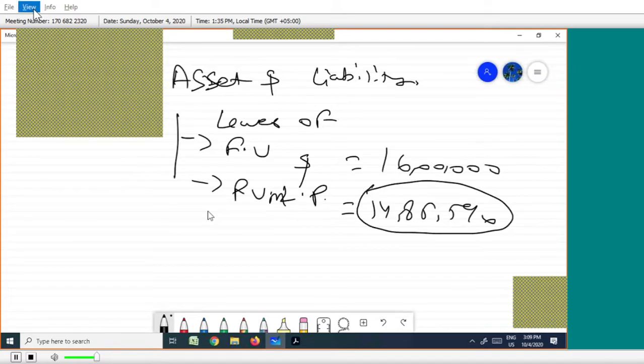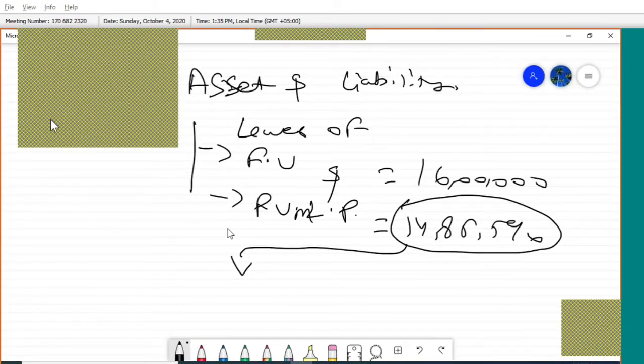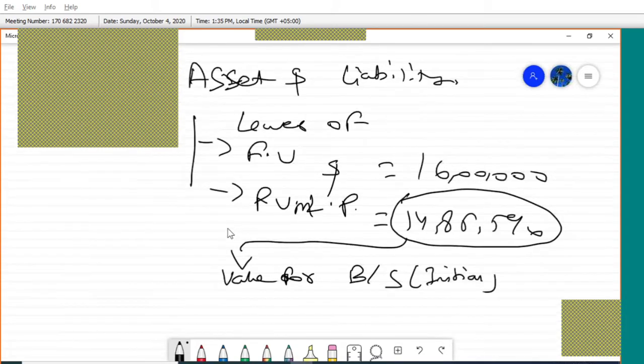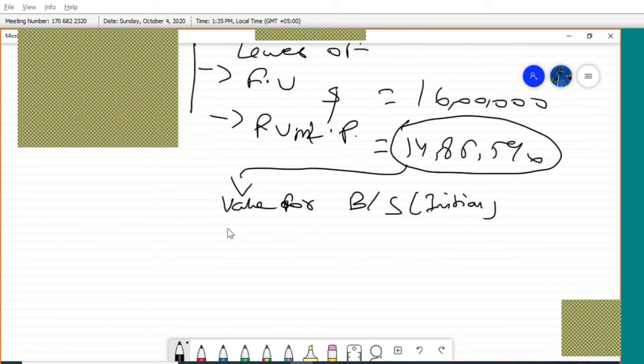So this is my value for the balance sheet, the initial balance sheet. Initial balance sheet means opening balance.